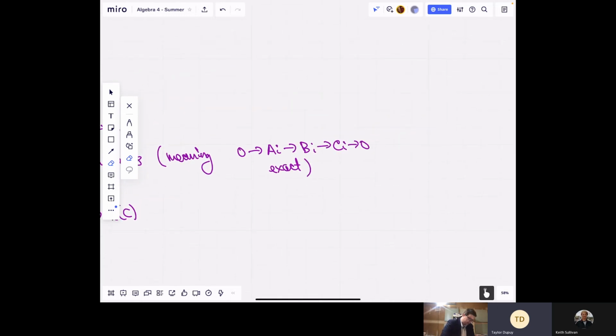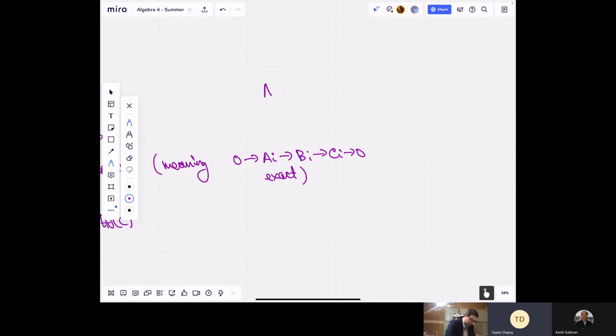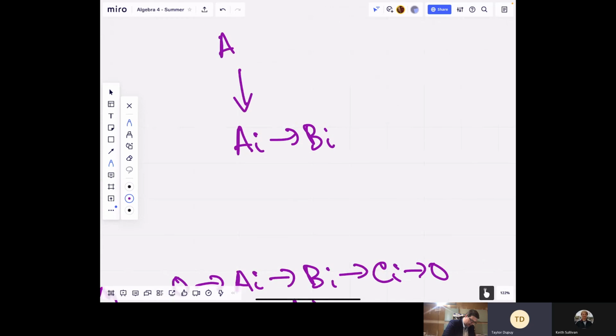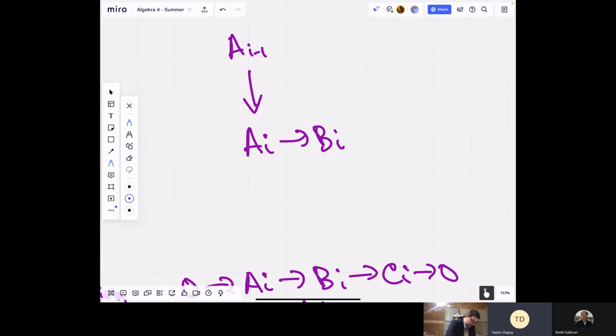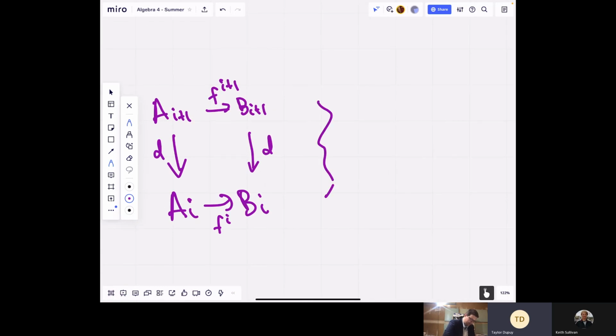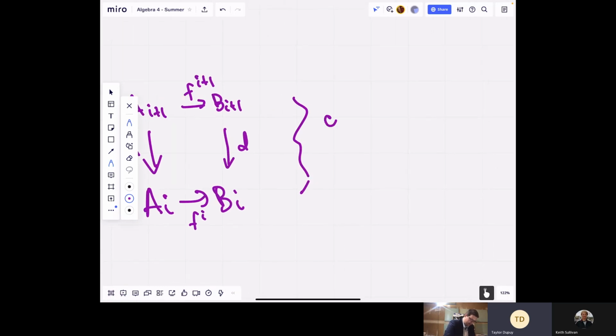It means that this diagram, A i plus 1, B i plus 1, if these are the d's, and this is the map f i plus 1, this diagram commutes, so this is what's called a chain map.